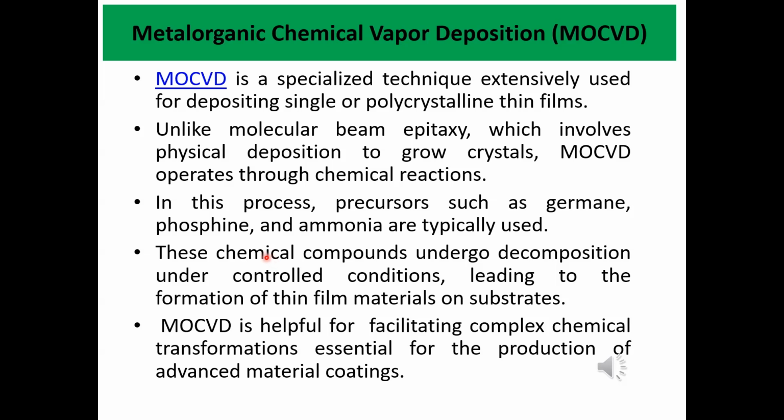So, during this process, chemical compounds are decomposed, and during their decomposition, the thin film materials are produced and are deposited on the substrate surface. MOCVD is helpful for facilitating complex chemical transformations essential for the production of advanced material coatings.